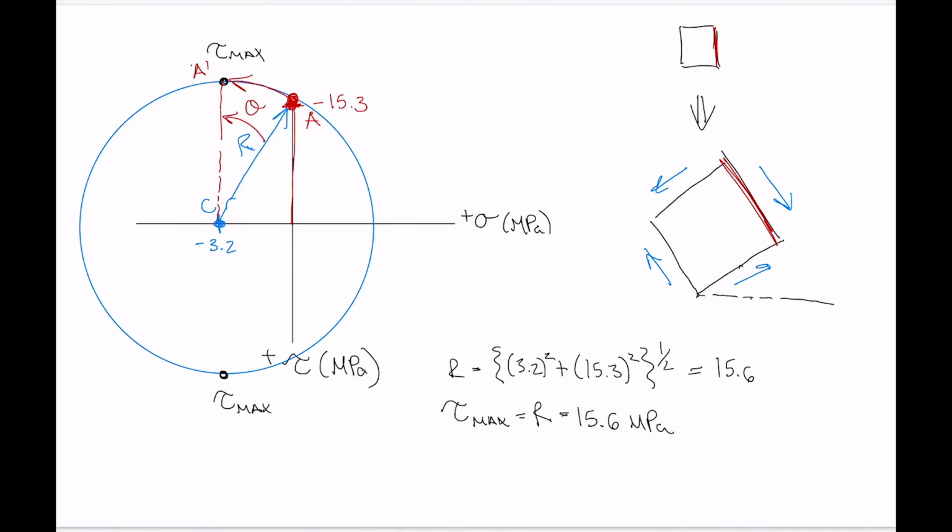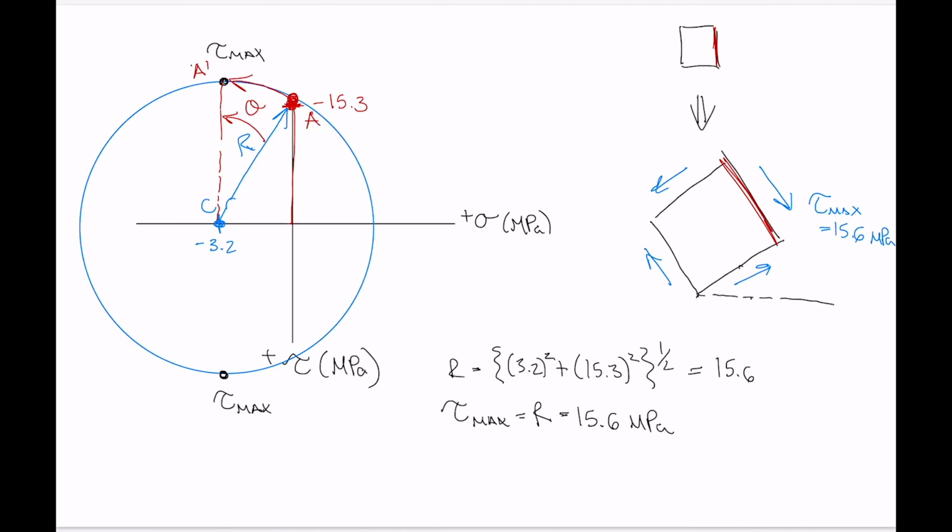Okay. So this is tau max equals 15.6 MPa. So now this is becoming the element that experiences maximum shear stress, but we haven't fully defined it because we haven't shown all of the stresses that occur.